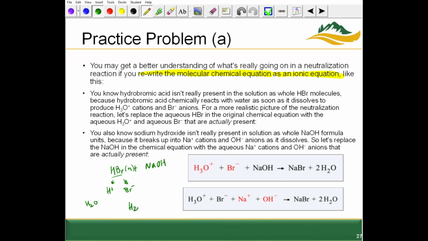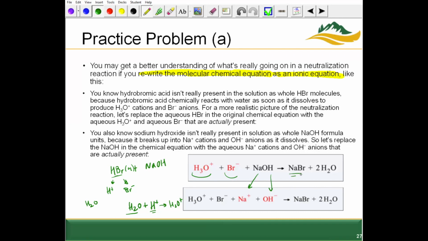When we have a water molecule and one of those acidic protons now in solution, H2O and H+ will form our hydronium ions that we talked about towards the beginning. So HBr will dissociate then into H3O+ and Br-. Sodium hydroxide will dissociate into Na+ and OH-.